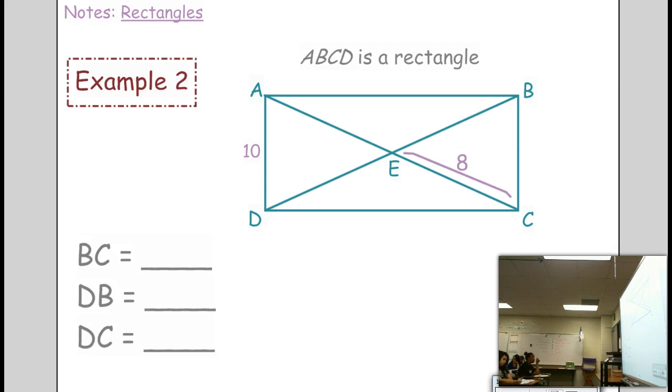Sides or angles? Definitely sides. So don't think 180, don't think 90. That's off the table. It'll take some back and forth.